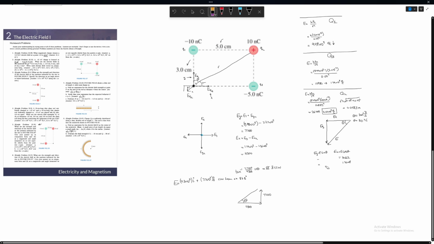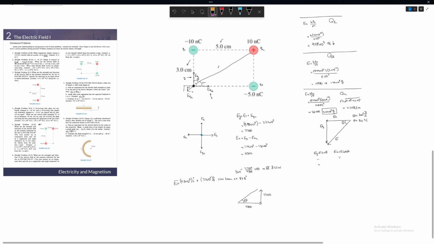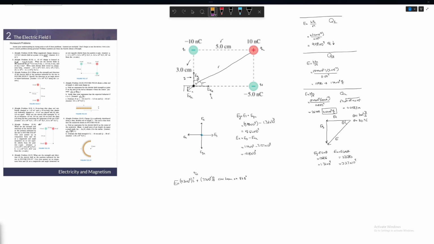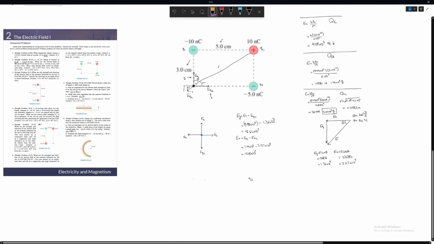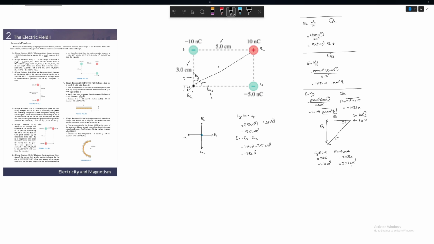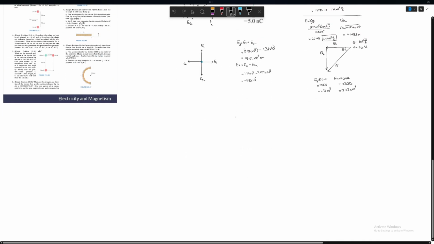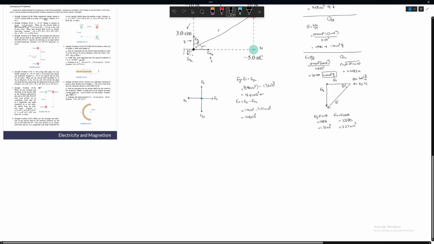So let me change these calculations real quick. Okay, so I just changed all my values that relate to this mistake, and now I got 8.62 and negative 4.8.